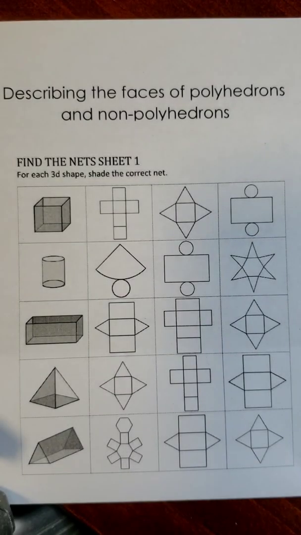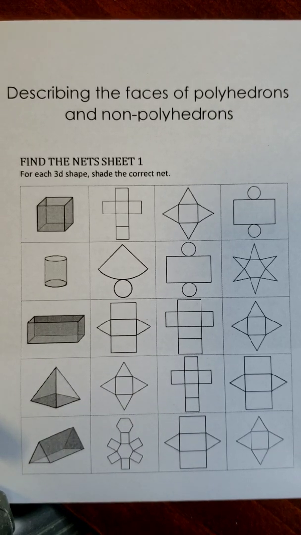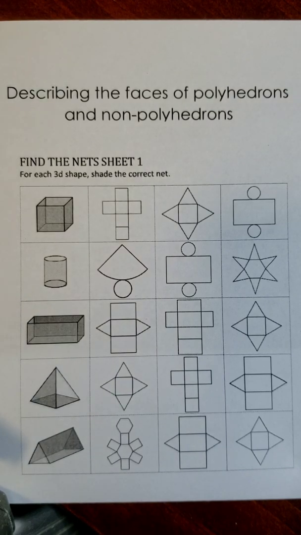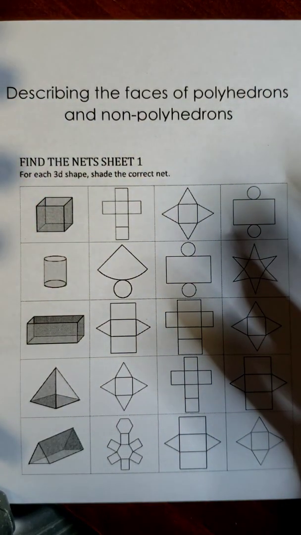One more thing you're gonna see in the classwork today is going to be describing the faces of the polyhedrons and the non-polyhedrons. But basically, you need to be able to look at the polyhedron or the non-polyhedron, whatever the three-dimensional shape is, and you need to picture, okay, how would this look if I were to open it up?